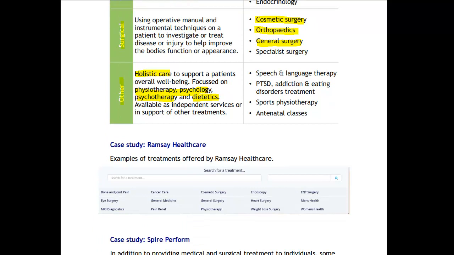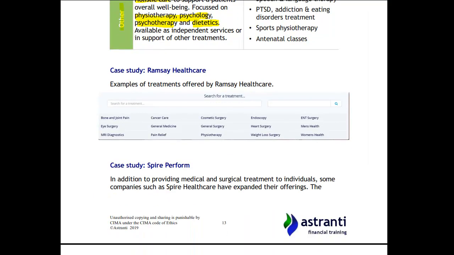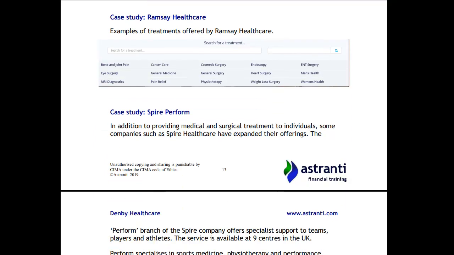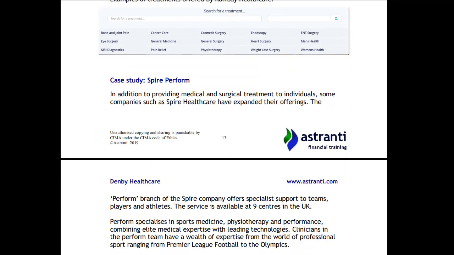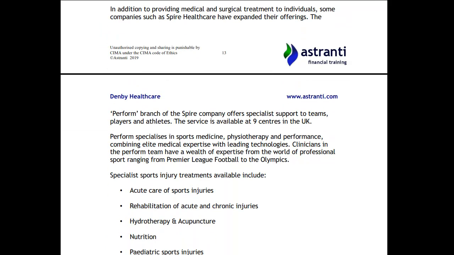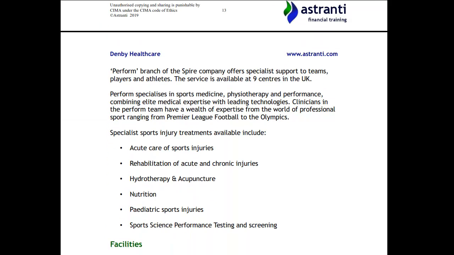And the range of services that many of the healthcare providers offer is incredibly diverse. We can see here from Ramsay Healthcare, there's a huge amount of different departments within the company that offer a range of different services. And as I touched upon earlier, Spire have a dedicated sports therapy division, which deals specifically with high-performing sports individuals and sports teams to offer rehab and hydrotherapy, acupuncture, nutrition, pediatric sports injuries, and sports science performance and testing.